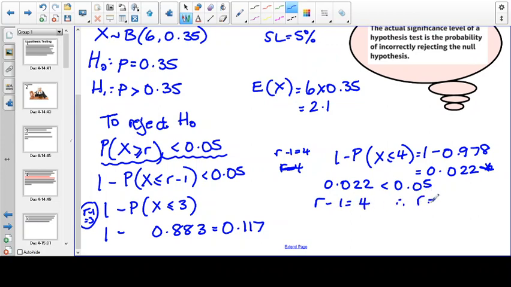Therefore, R equals 5. So R equals 5, which means that the critical region is x is greater than or equal to 5. Okay, so we've done 1 minus probability of x is less than or equal to r minus 1, and by testing numbers we've found one that goes below 0.05. That was where r minus 1 is 4, which means r is 5.